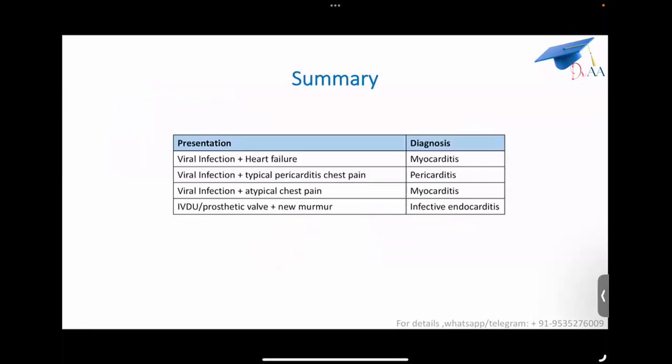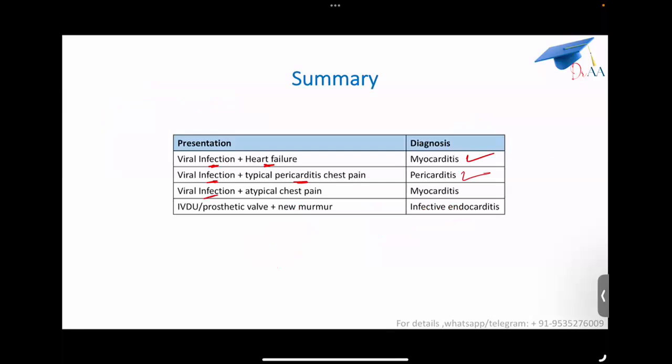MRCEM exams are becoming tougher and tougher day by day. So to summarize myocarditis, pericarditis, and how to suspect and diagnose: if in the history they give a viral infection and heart failure, choose myocarditis. Viral infection with typical pericarditis chest pain, that is pleuritic chest pain, worse on leaning forward, better on lying flat, is pericarditis.